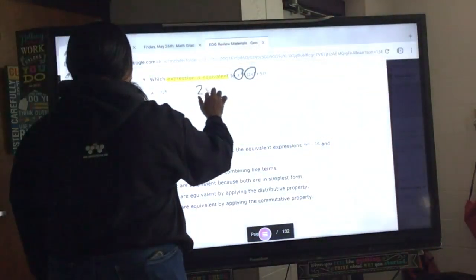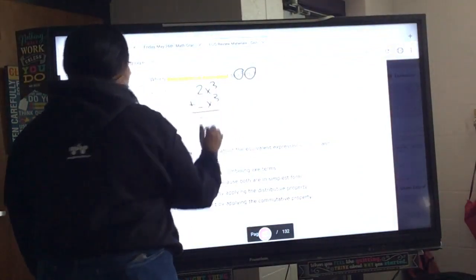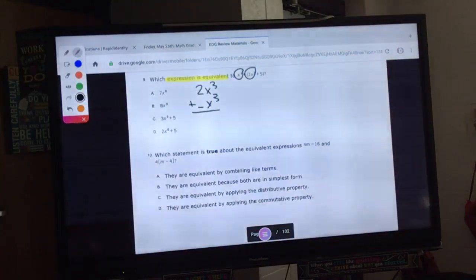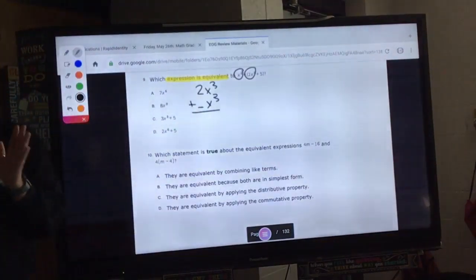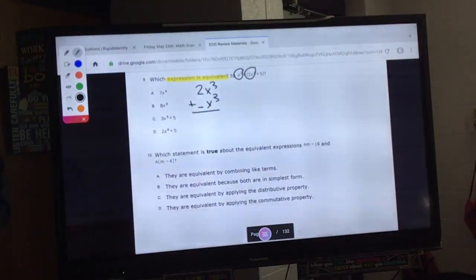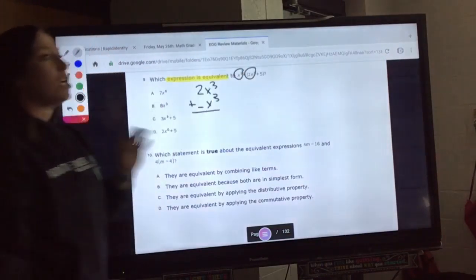So I have 2x to the third plus x to the third. What number goes right there? What number is in front of our x to the third?